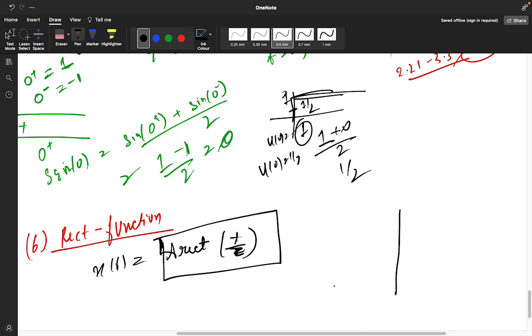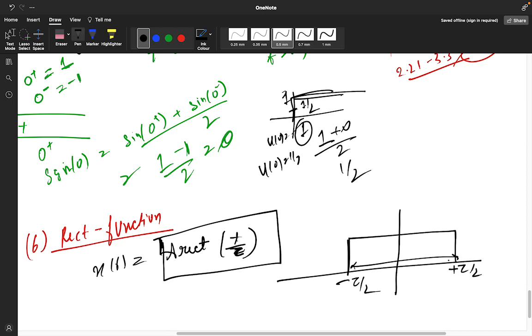Okay. And the signal looks like this. Tau means from minus tau by 2 to plus tau by 2, some time period. So from here to here, the length is tau only.